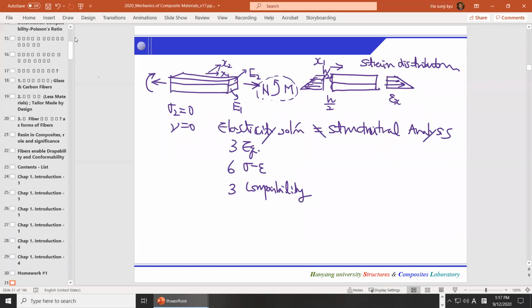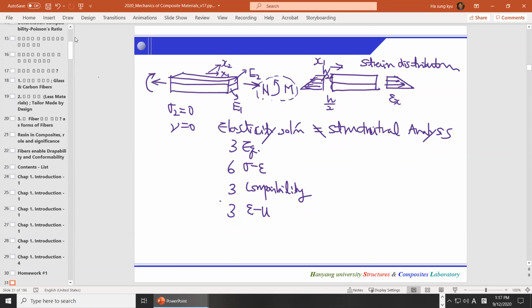So totally we have compatibility equations, and there are also another 3 strain and displacement equations.